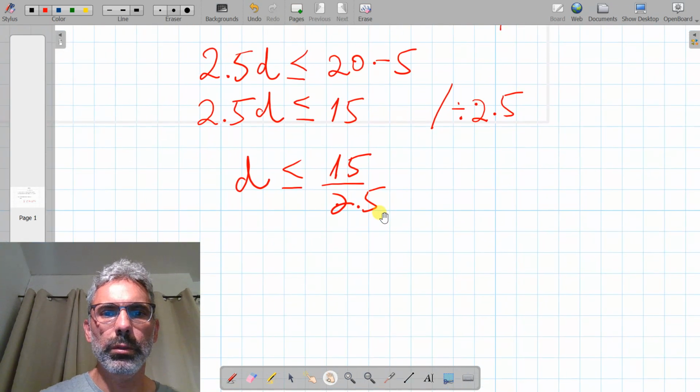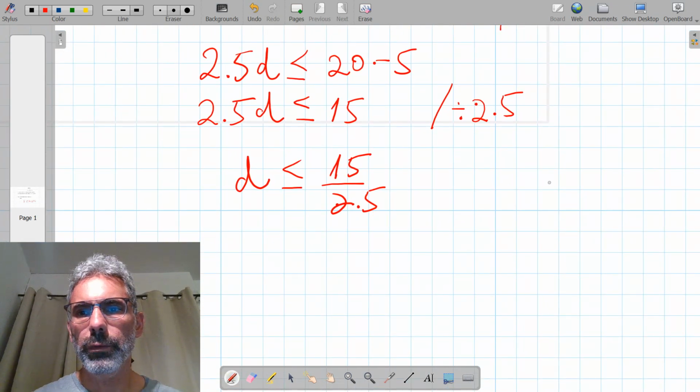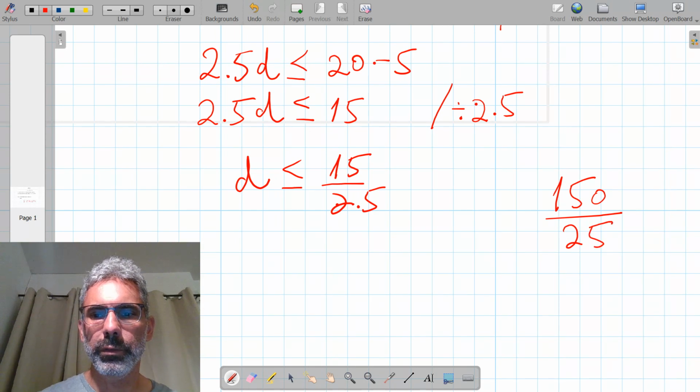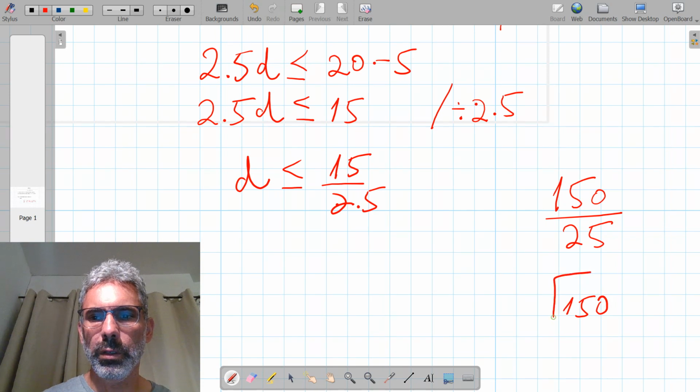Okay, so 15 divided by 2.5 is like 150 divided by 25.